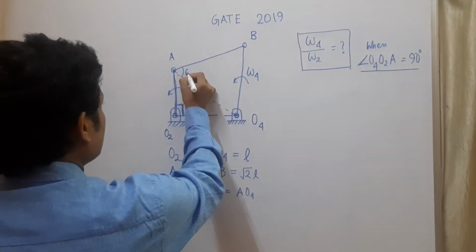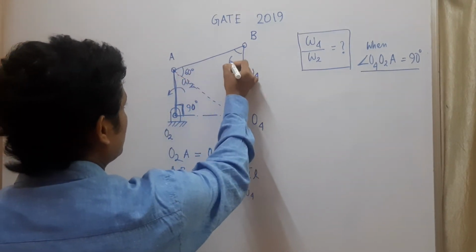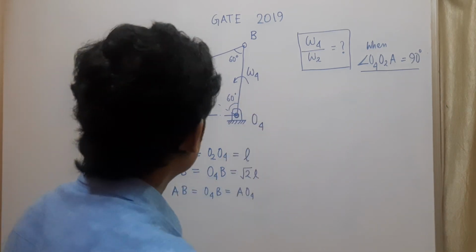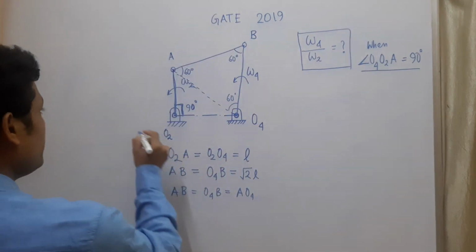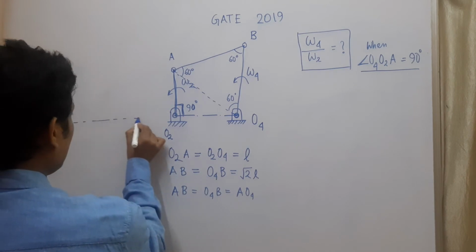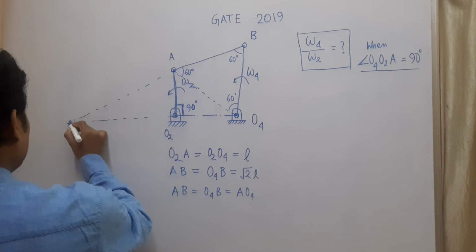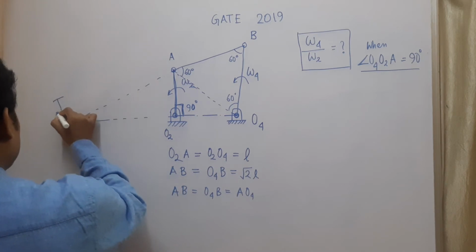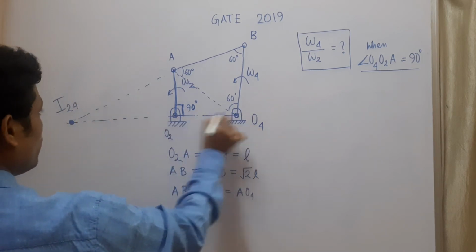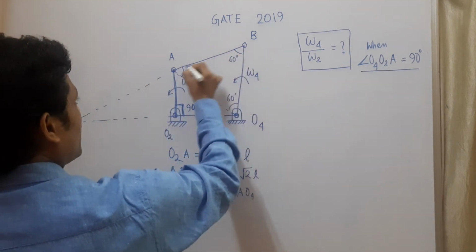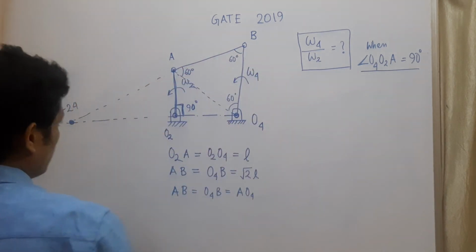So this angle is 60 degree, this is also 60 degree, and this is also 60 degree. Now let us locate I24. I am not repeating the same because in the previous problem we have already located I24. So I24 will be the intersection between the extension line of BA and O4 O2.